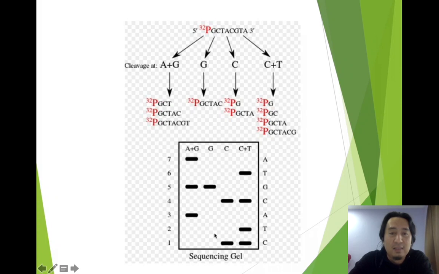Why? Because in test tube number 2, the G has already been removed. So after the letter G is C.